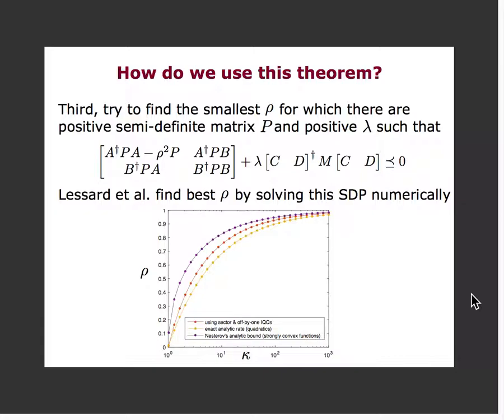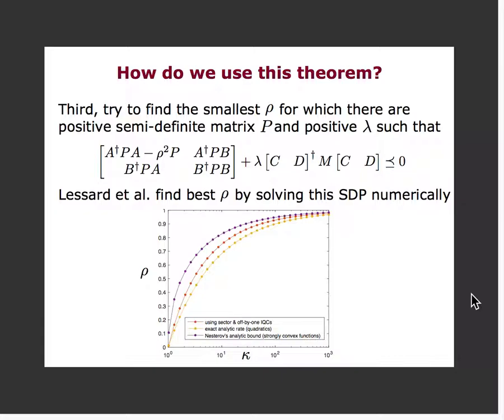And by noticing that the eigenvalues of this matrix change monotonically with rho, we can use bisection to find the smallest possible rho. If the rho is feasible, I try to choose a rho that is smaller. If it becomes infeasible, we try to choose a rho that is a bit larger, and we use bisection to find the best possible rho that satisfies this constraint here. And we can do that numerically, and that's what we get.